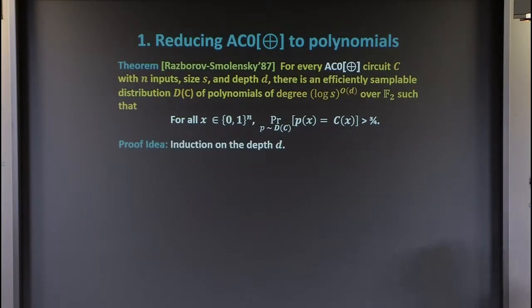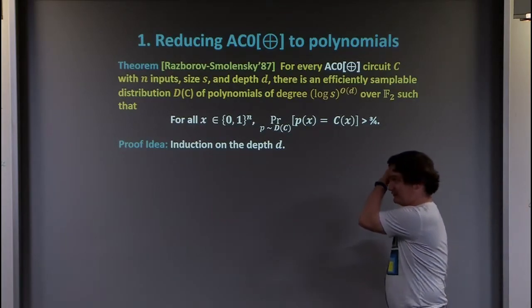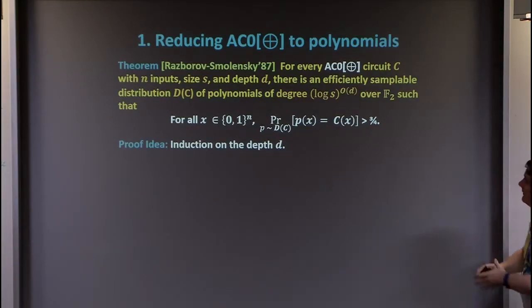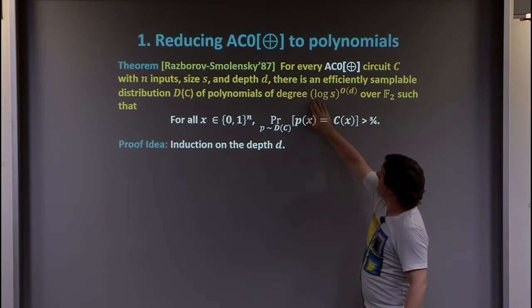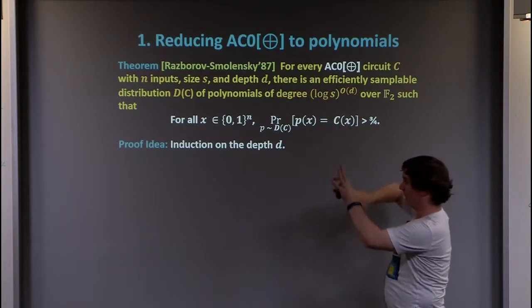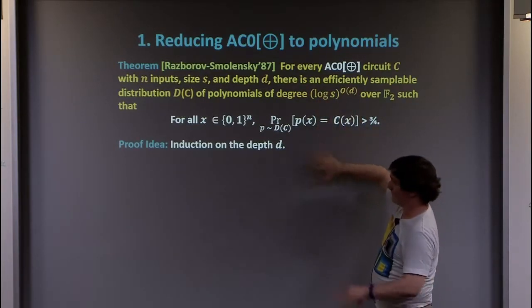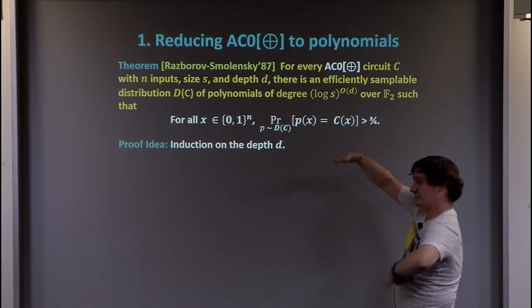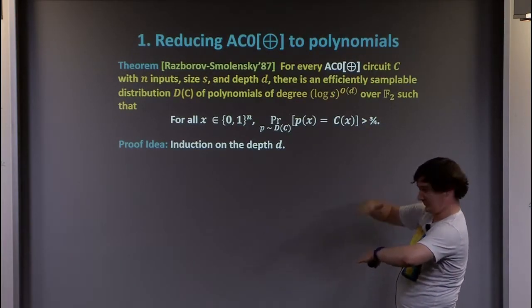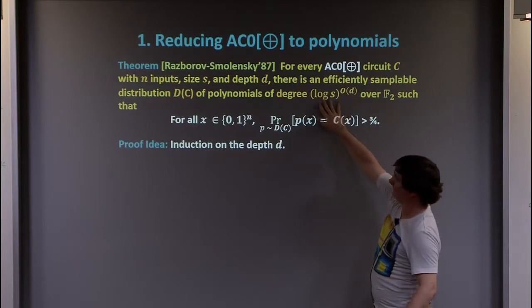So the proof idea is by induction on the depth D. In every layer, we're going to get a polynomial of degree about log S that's randomly representing the gates at that level. Then we're just going to compose them all. There are D layers of depth, with log S degree in each one.